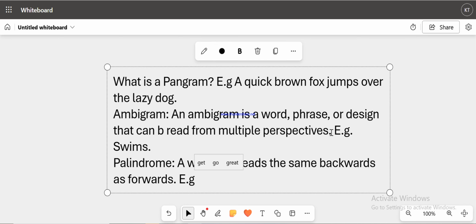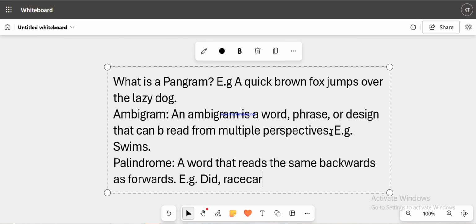So can you think of any word that if you read it backwards, it will give you the same thing as when you read it forwards? Now, a good example is did, the past tense of do, did. Now, if you read this word from the front, you will have the same thing. If you read it from the back, you will have the same thing. We have another: race car.